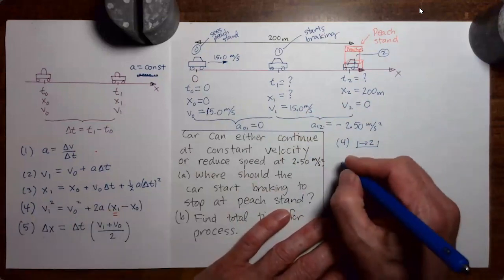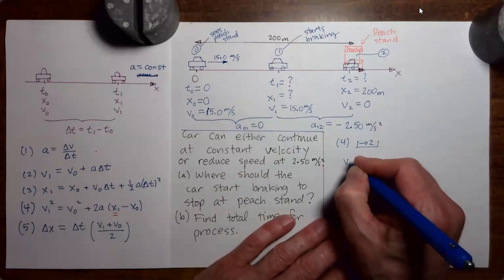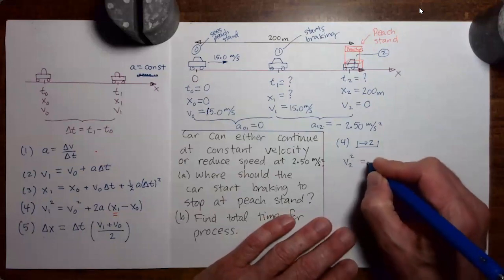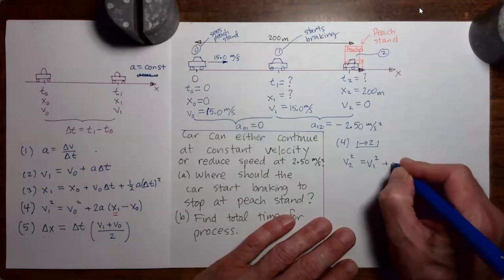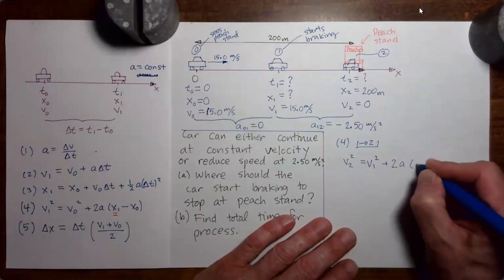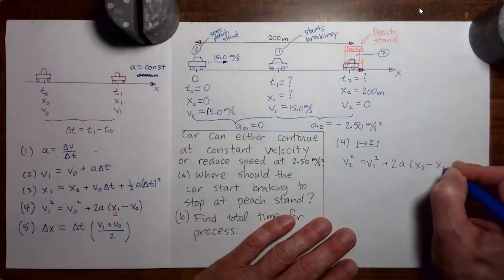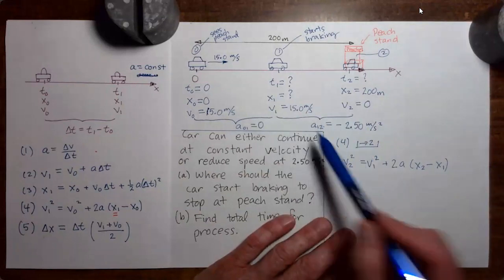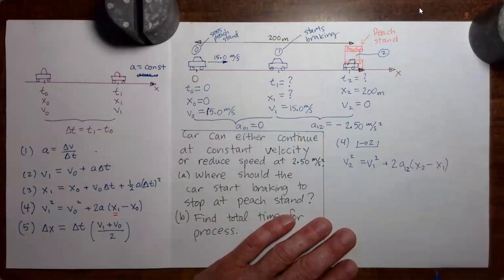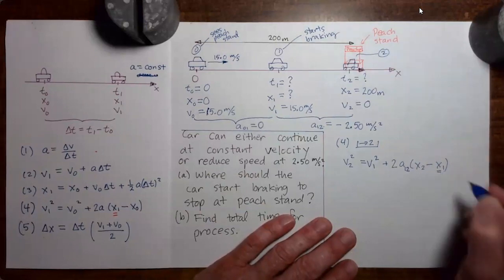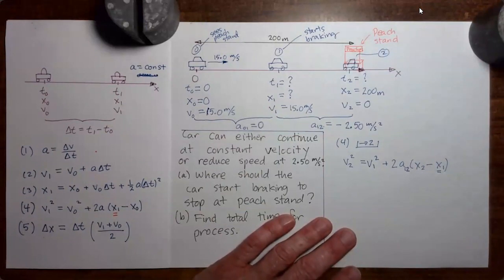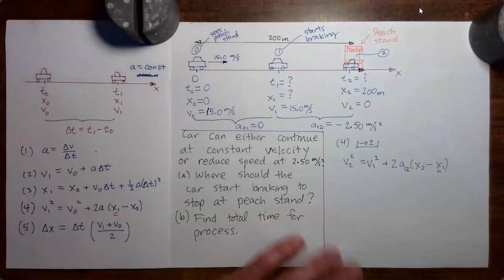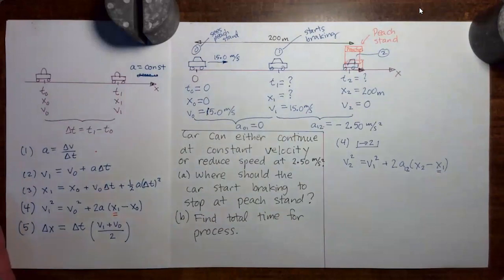And when I do that, I get v2 squared equals v1 squared plus 2a times x2 minus x1. Since I'm connecting moment 1 to moment 2, I would use acceleration a12. And you can see here x1 is the only unknown. So let's do the algebra and isolate x1. Then after isolating x1, we will make our substitutions along with numerical values.